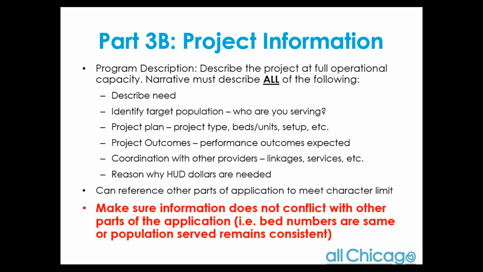That's something we're going to be checking for pretty heavily when we do our review, and something that HUD has come back with and stopped, and put conditions on the award in the past, just to make sure that they're clear on what your program looks like, because they want to make sure everything in your application is matching up and makes sense together. So you can't describe a certain number of beds here and then in the later sections have a different number of beds. So make sure everything is matching up and is accurate according to the full application.